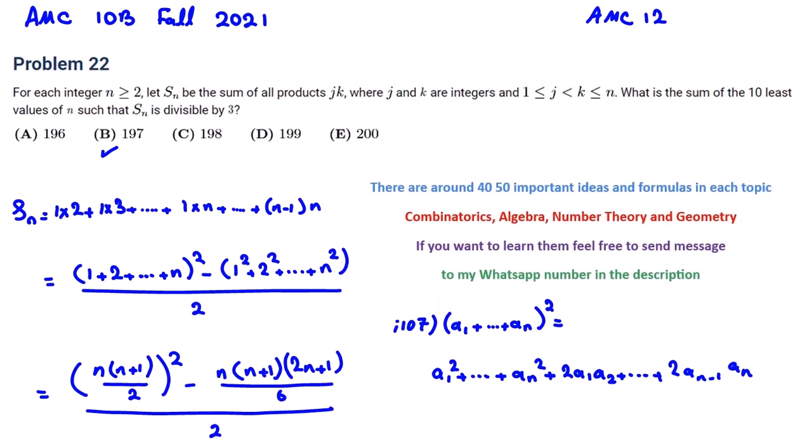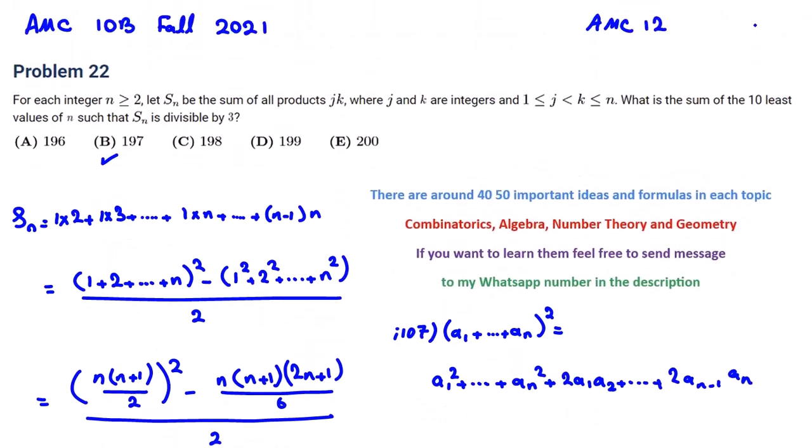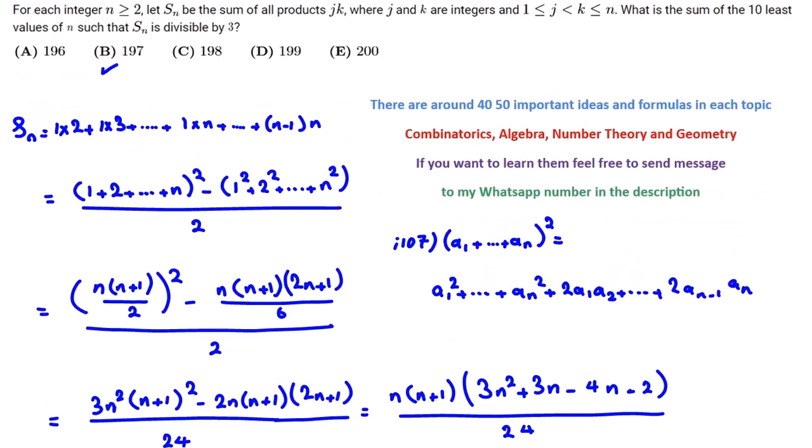Okay, let me tell you some ideas related to divisibility. Idea 107. Idea 108 in divisibility: A divides B is equivalent to B is AK, where K is an integer. Idea 109, we have some properties. For example, A divides 0 always, it is the definition, okay?